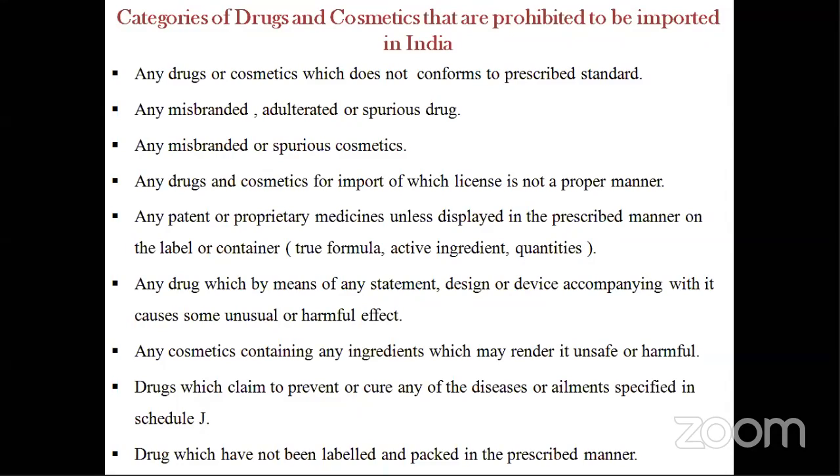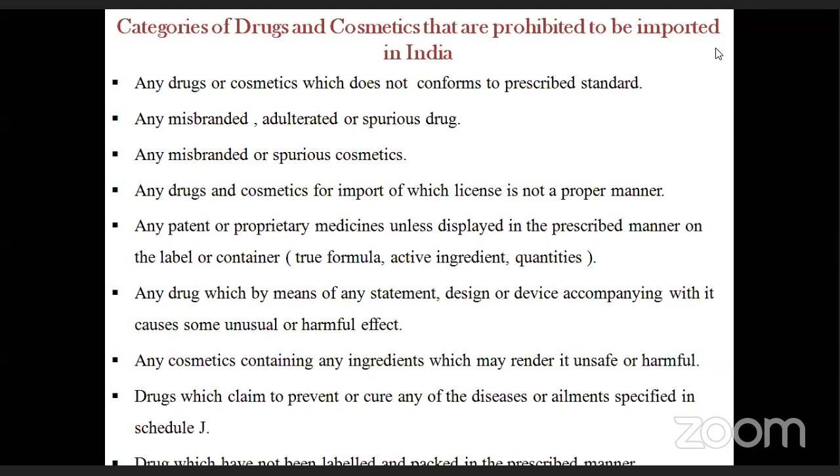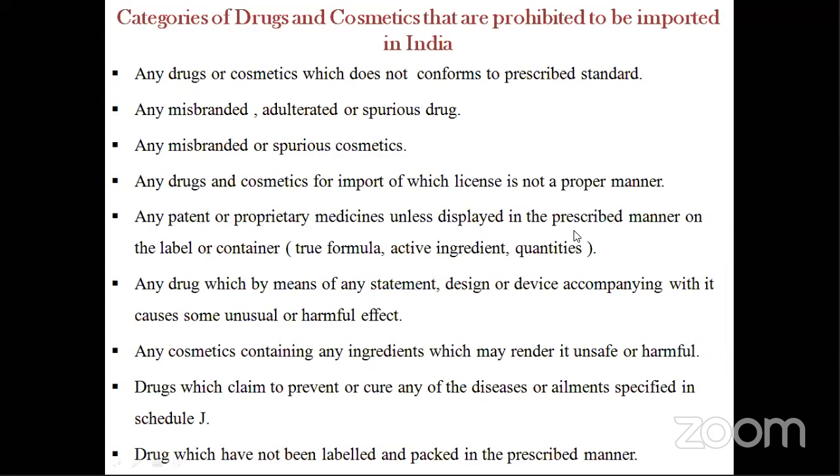Now coming to the third point, any drug and cosmetics for import for which the license is not properly obtained. So first, you should know about the license, whether the licensing authority has given the license or not. If any importer wants to get products, they have to get the license from the licensing authority.